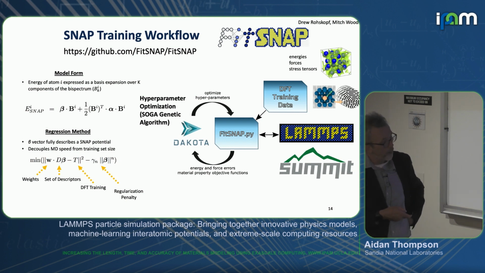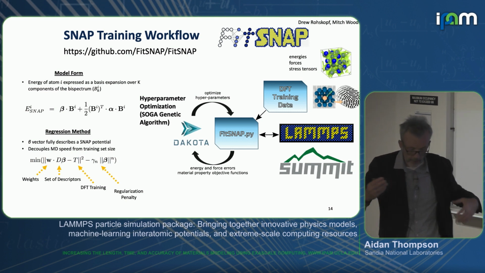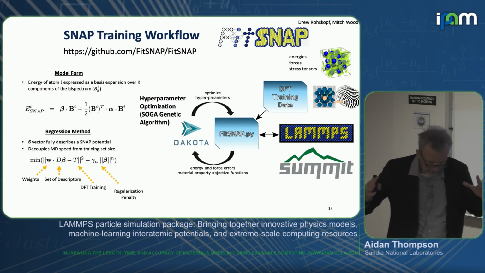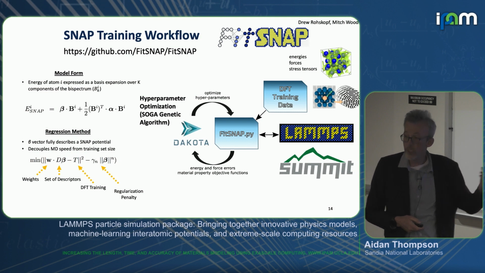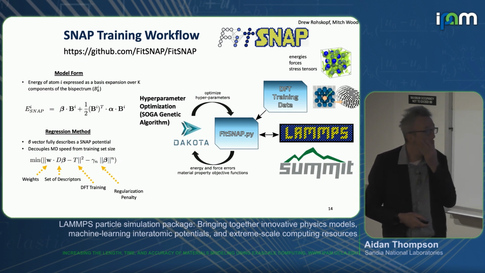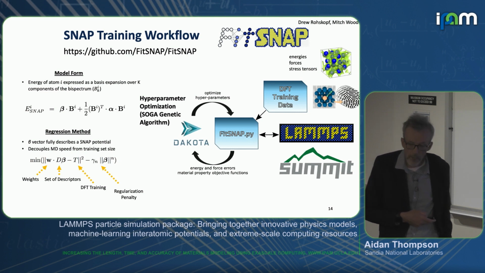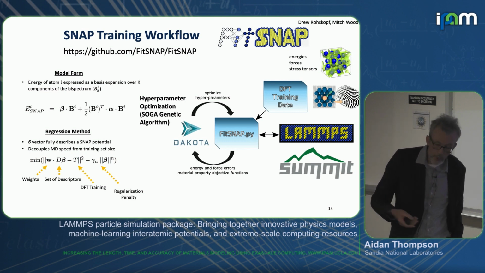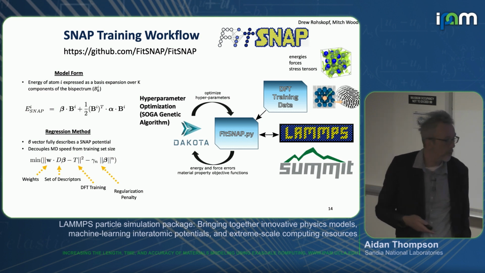So you can get a model out pretty quick, but you may also have hyperparameters that are nonlinear, things like how many descriptors should I use, what is the size of one atomic neighborhood that works best for this application, and so on. We use something called Dakota to do a search through that space of nonlinear parameters. And that can take a couple of weeks to find a good set of hyperparameters that works well.